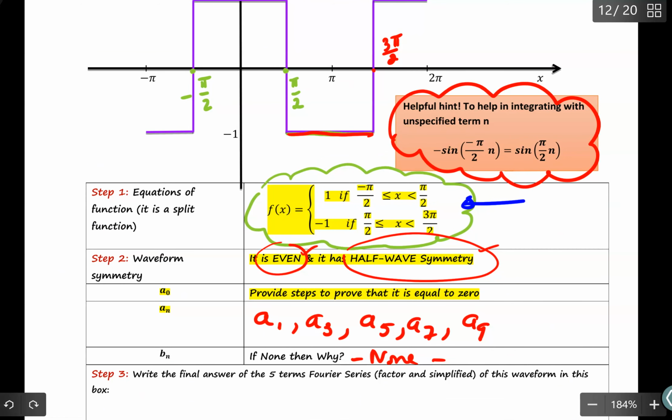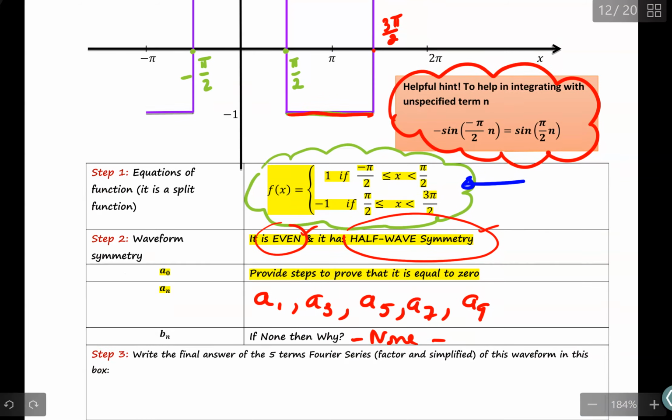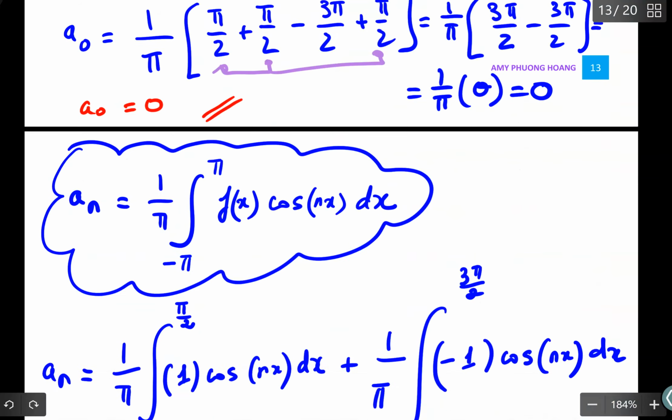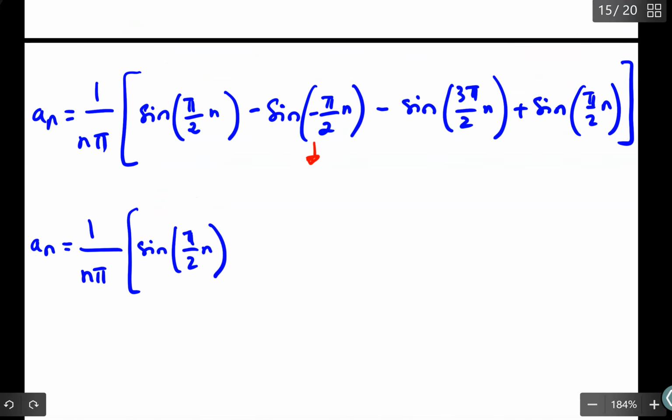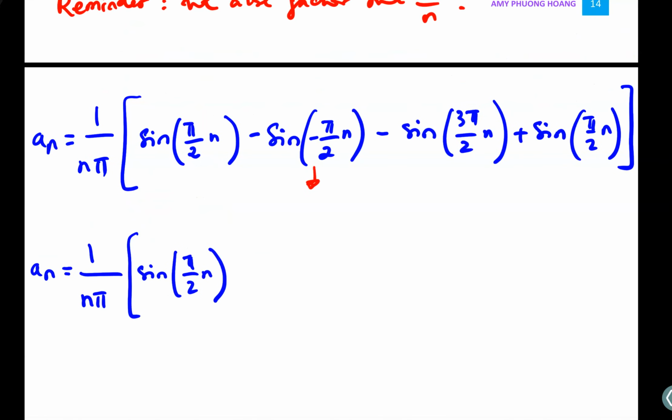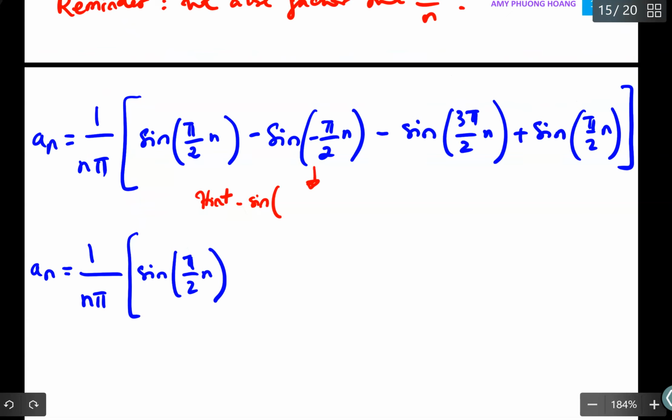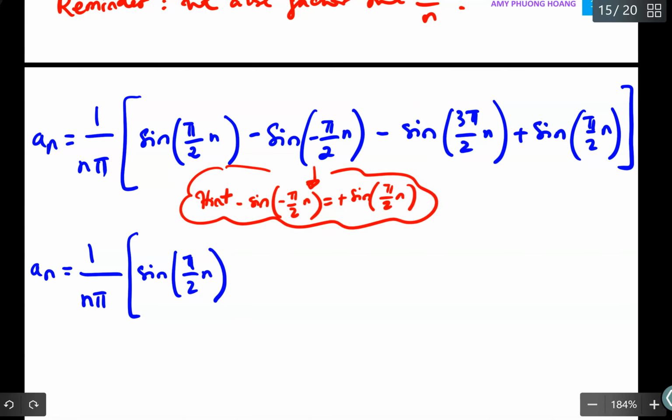Sine of pi over 2n is exactly equal to negative sine of negative pi over 2n. So let's use that. Here I was given a hint: negative sine of negative pi over 2n will be equal to the positive sine of pi over 2n. The hint is given, so I will apply it to this.